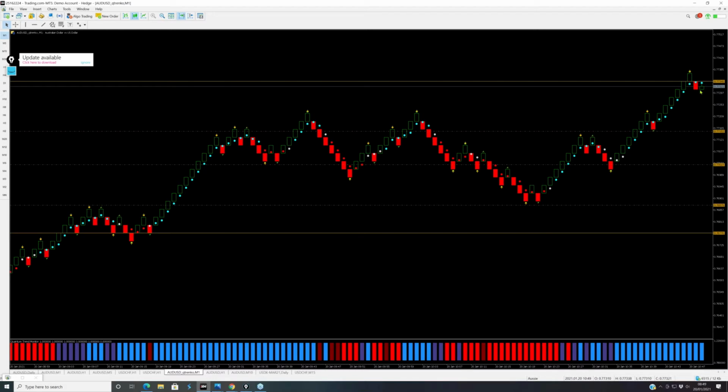And what it also does is give a structure to the price action. You can see it's a very geometric chart. We can see a trend, a pullback, a correction, a consolidation phase.